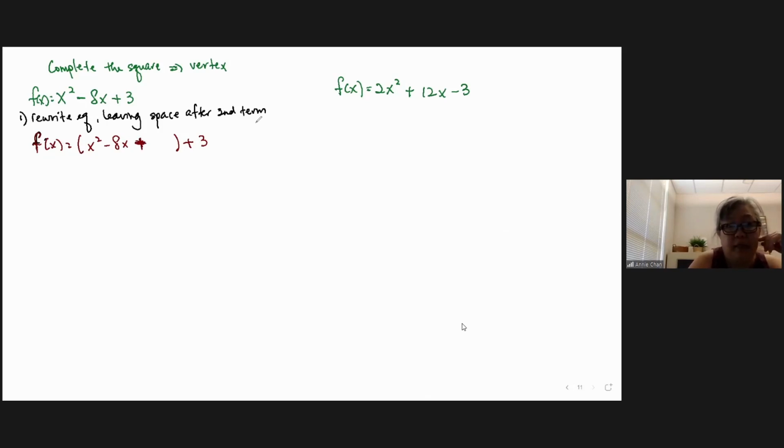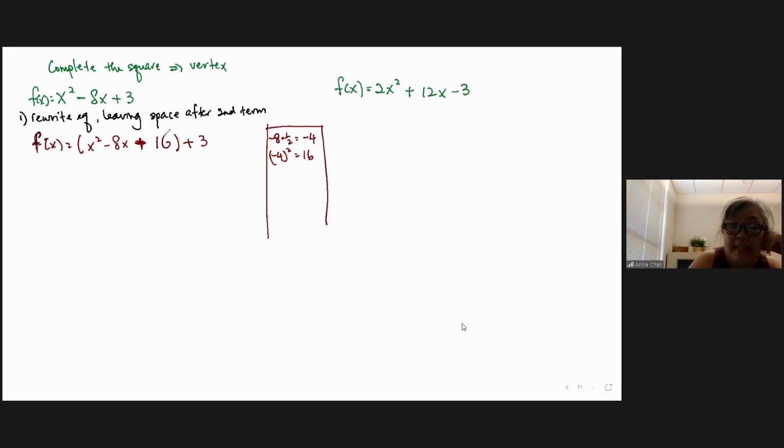Okay, the side work. I'm going to make this on my side workspace. The side work is I'm going to take the second term, which is negative 8, times half, and that will give me negative 4. Then I'm going to take negative 4 and square that. That will give me 16. Okay, so this is going to be 16.